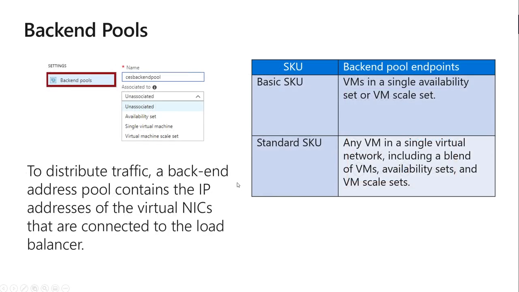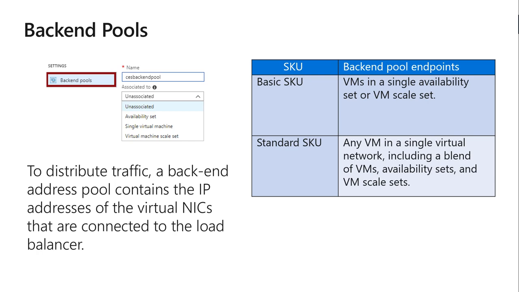And another is backend pool, right? So what is a backend pool? To distribute the traffic, a backend pool, or address pool, actually contains the IP addresses of the virtual NICs that are connected to the load balancer. How you configure the backend pool depends on whether you are using the standard or basic SKU.